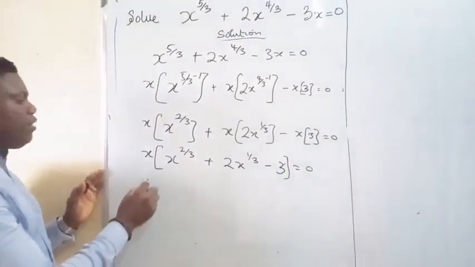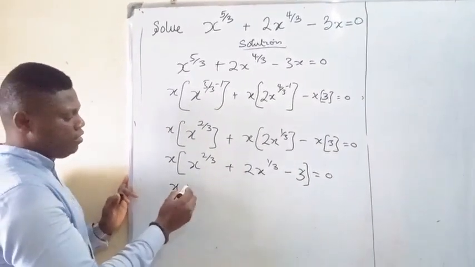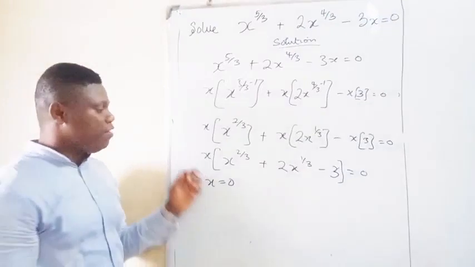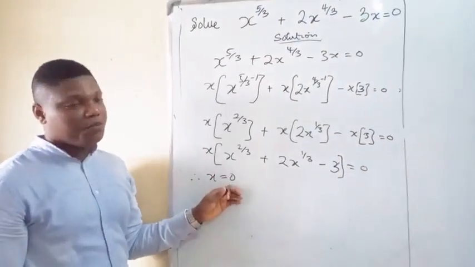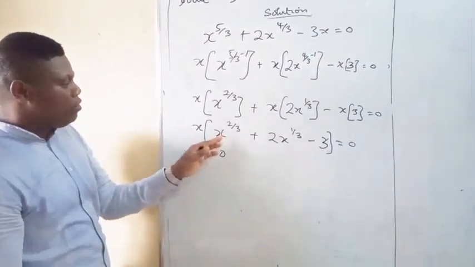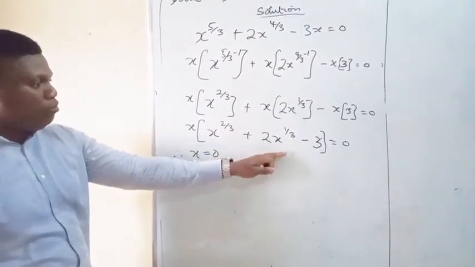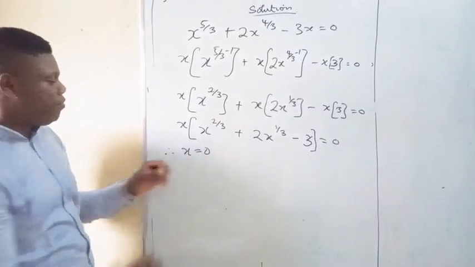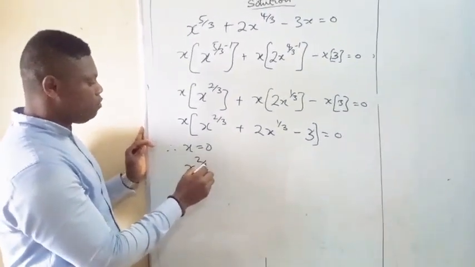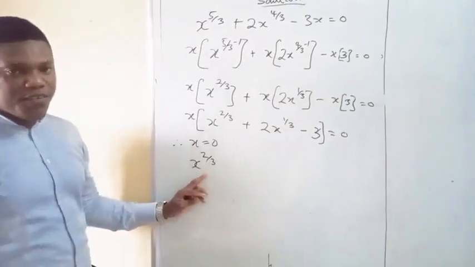So now that means my first value of x here is equal to 0. From what I have here, the first value of x is equal to 0. Now, if you look at what is in the brackets here, we can still do something here. What is in the bracket is x raised to the power of 2 over 3.